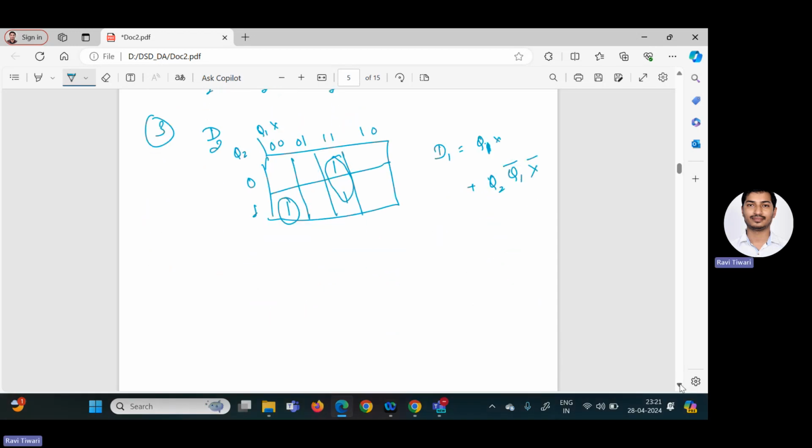Similarly, we have to draw the K-map for D1. Here also, this side I am taking Q2, this is Q1 and X. This is 0, 1. Here it is 0, 0, 0, 1, 1, 1, and 1, 0. Now we will see wherever your D1 is 1.